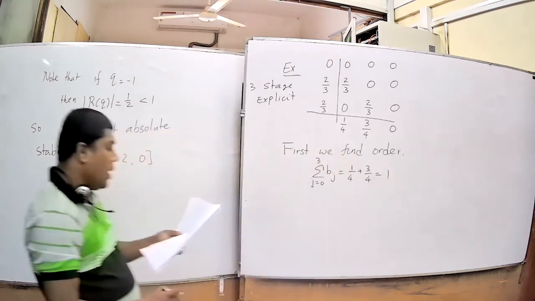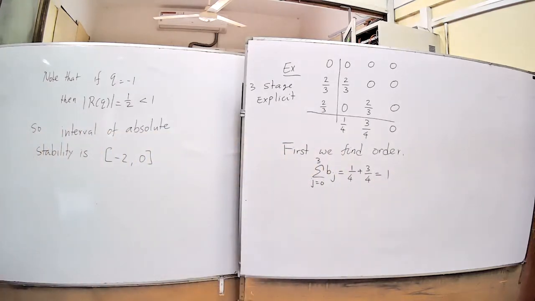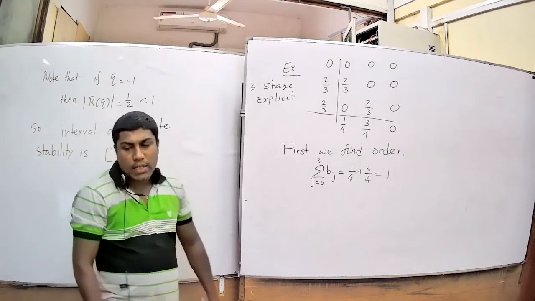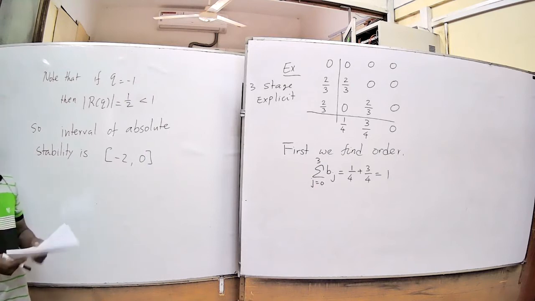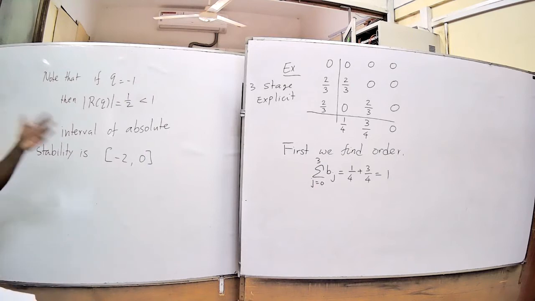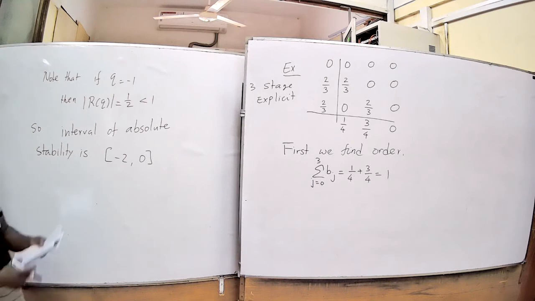If this is 1, then you know it is of order 1, at least. So now you have to check whether it is of order 2 or not.